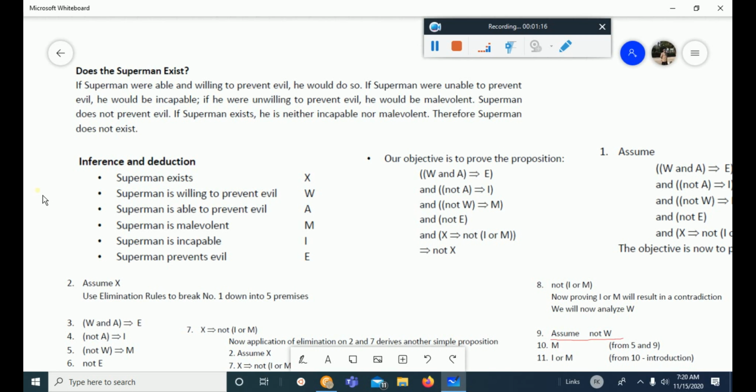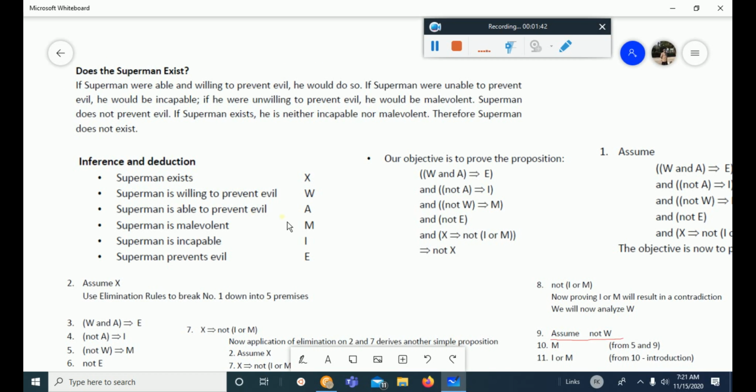So now we will write these propositions. For example, Superman exists is represented by X. Superman is willing to prevent evil, we represent that with W. All of these propositions are from the statement given above.